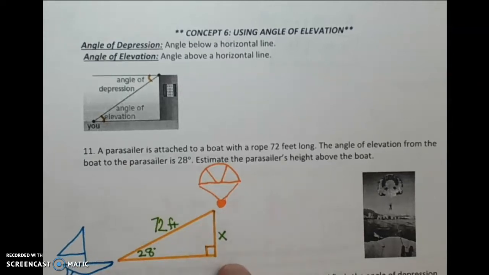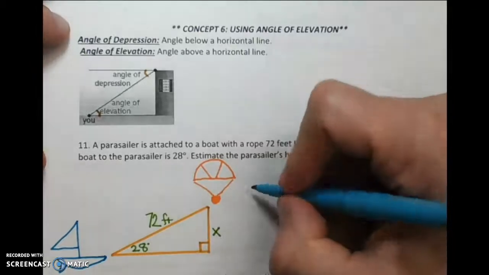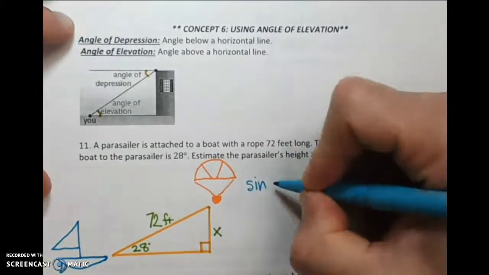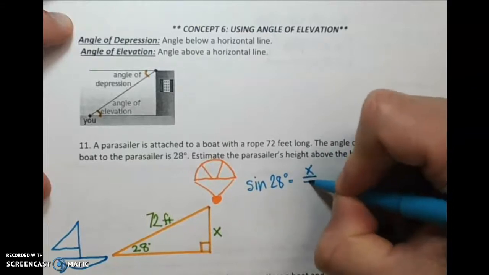Well, that comes from the 90 degrees with the water or whatever, and that will give us the height. Okay, so in order to do this problem, I am looking at the angle of 28 degrees. I have the opposite side and the hypotenuse, so that is sine. Sine of 28 degrees equals x over 72.